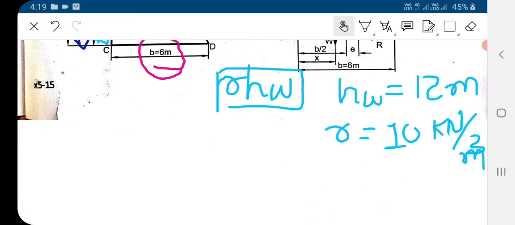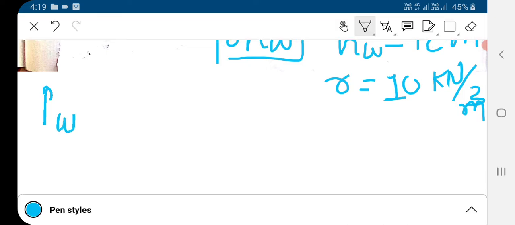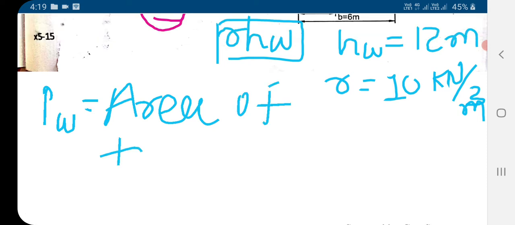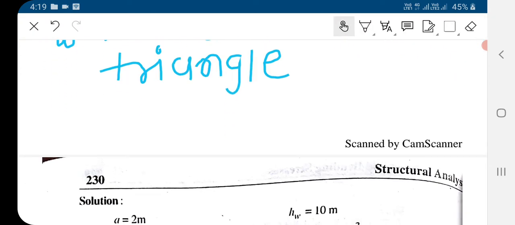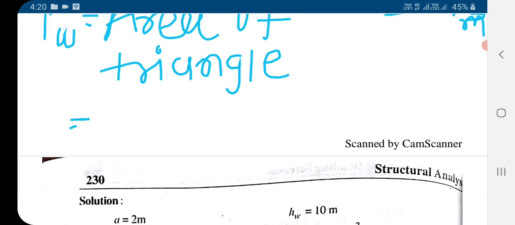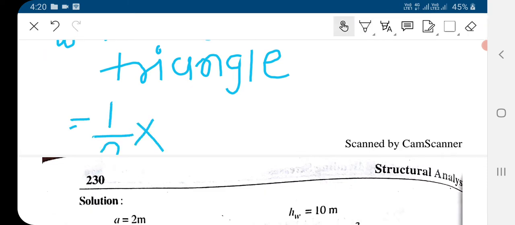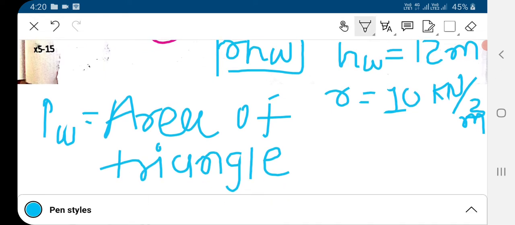So PW is equal to the area of the triangle. So it will be equal to 1 by 2 into base. What is base? That is gamma HW. So gamma equals 10, HW equals 12, we have to put.